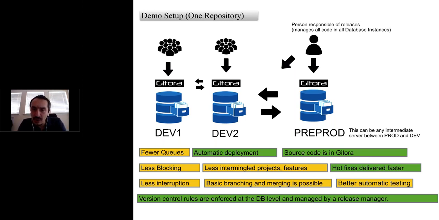Adam asks, with Gitora, can I make both PL/SQL changes and other code changes, say Java business logic, part of the same commit? Technically, this should be possible. We don't deal with the Java world, but if there is a Java world, we would be able to integrate with them. The key is, they don't have to be part of the same commit.